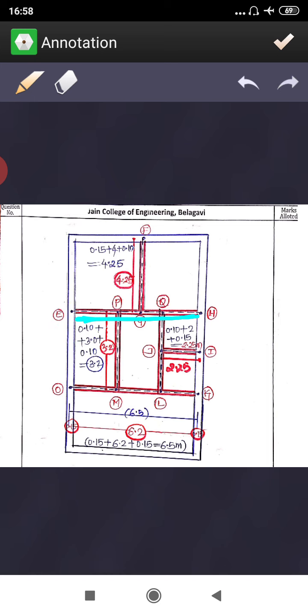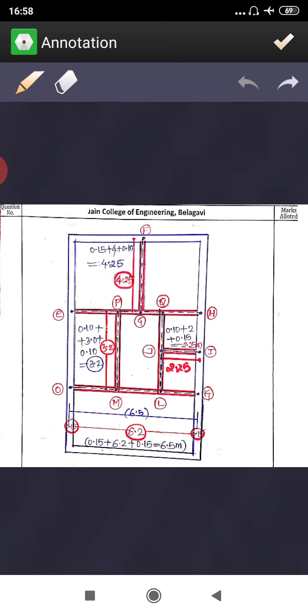Now if you take the wall FG, here is the important thing. On this side you have half of the 30 centimeter wall, and here you have half of the 20 centimeter wall. That you have to remember.